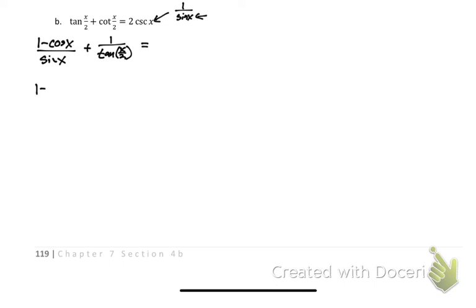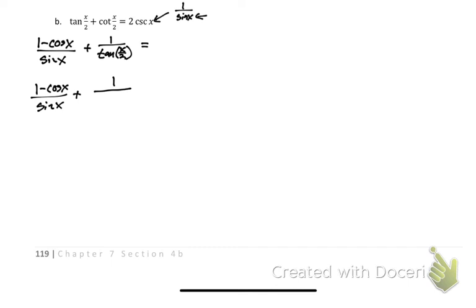Let's leave that alone. We have 1 minus cosine x over sine x. I do have to use a half angle formula for this tangent x over 2. But remember, when you have 1 over something, it flips the fraction. So if I have 1 over 1 half, it becomes 2 over 1. So whatever we do, we're going to flip it. Keep that in mind when we pick the right thing.